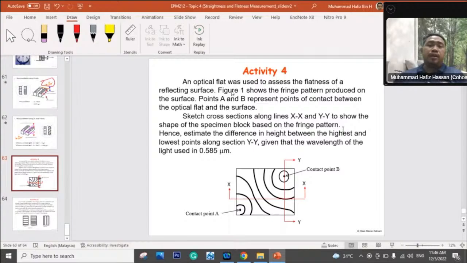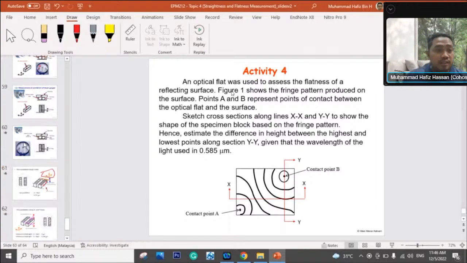Okay, so in order to estimate the difference of height, you have to calculate the number of fringes. So along this x axis, how many fringes are there, starting from the contact point? I already told you how to measure the fringe. The contact is the same like this.